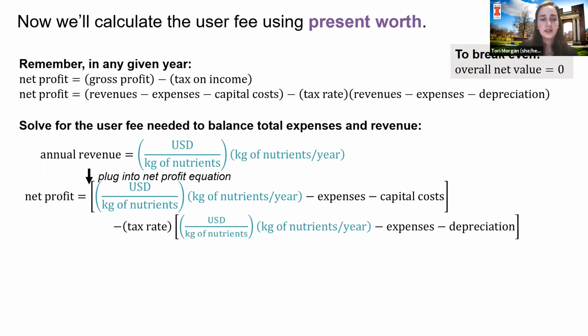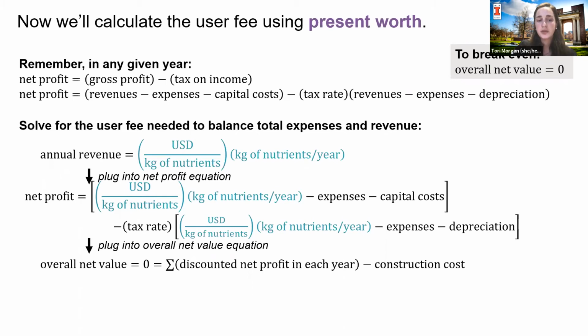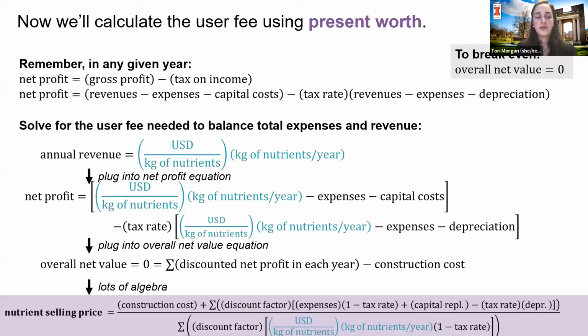You can see the annual revenue is similar. What's different is in blue: you can plug the annual revenue into net profit and then plug the net profit into your overall net value. And again, with algebra, you can find your nutrient selling price, which is in the document that we've provided.